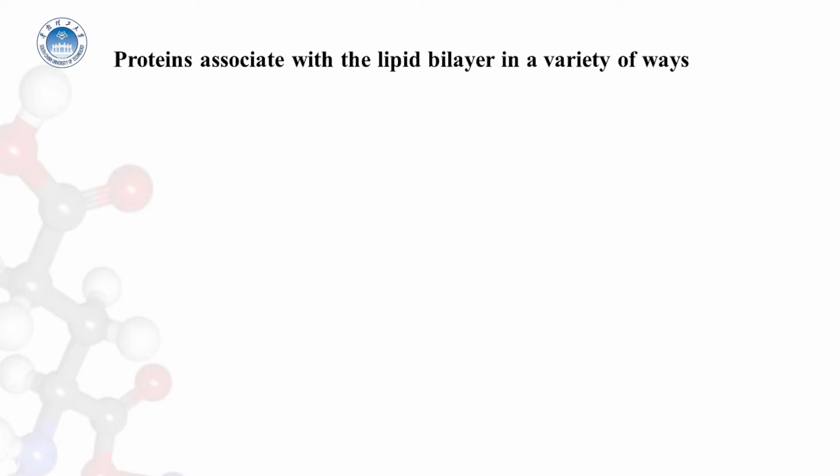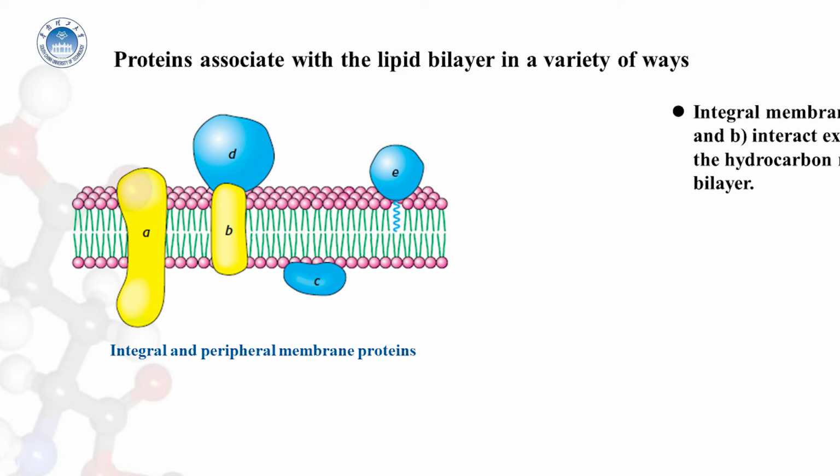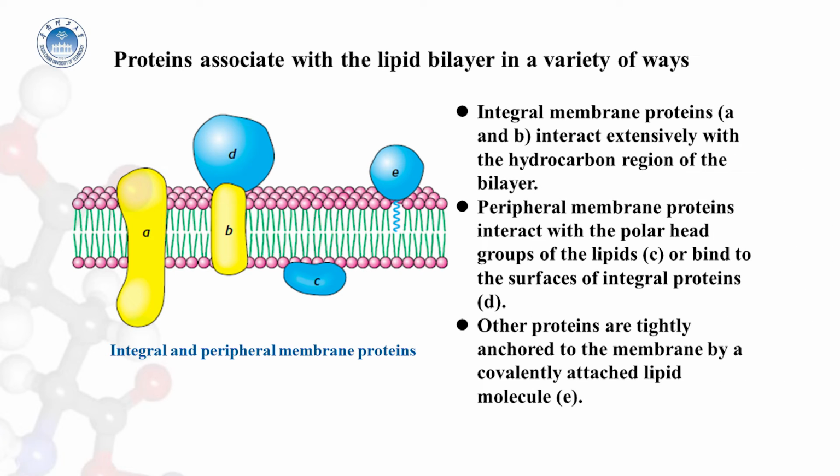Membrane proteins can be classified as being either peripheral or integral on the basis of this difference in dissociability. Integral membrane proteins interact extensively with the hydrocarbon chains of membrane lipids, and they can be released only by agents that compete for these nonpolar interactions.